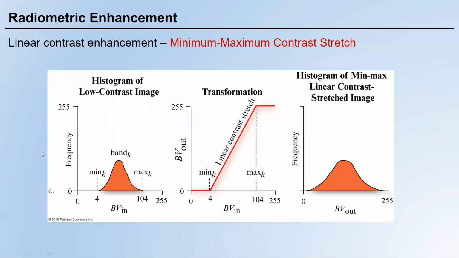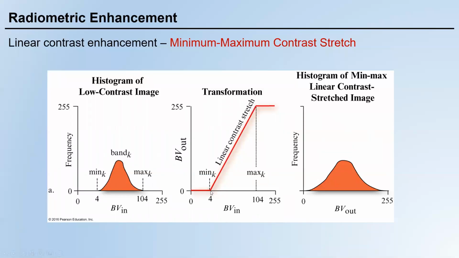Another example here. For a specific band k, for an image, there are multiple bands. For a specific band, BV in, which means the original brightness value, is from 4 to 104. So this is a histogram of the input image.